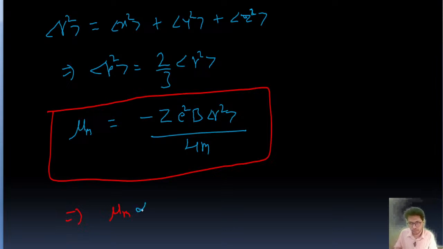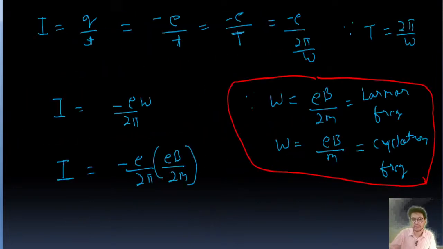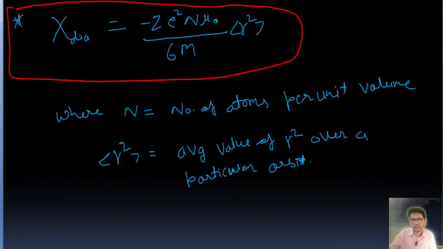Also chi dia is proportional to mean square radius, as I have already explained. Chi dia is minus z square n mu 0 mean square of r upon 6m.